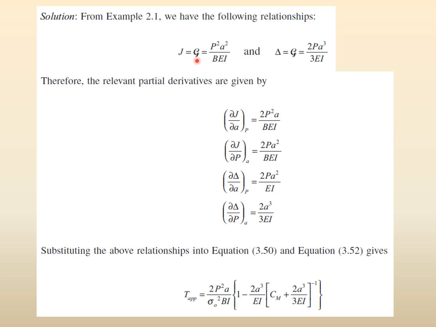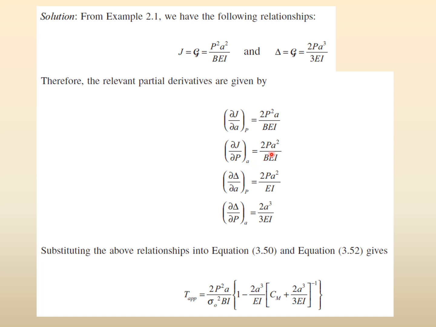So therefore in the equation for the tearing modulus, when you do all these del J del a for constant load, so this is J, find the differential with respect to a only. So this P squared upon B EI is there, differential of a squared becomes 2a, as simple as that.